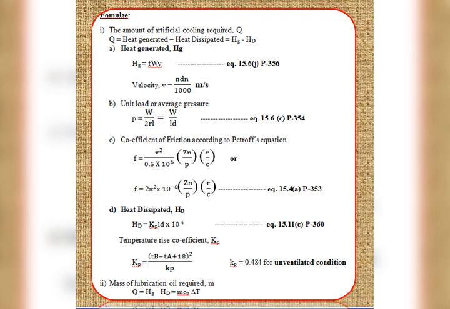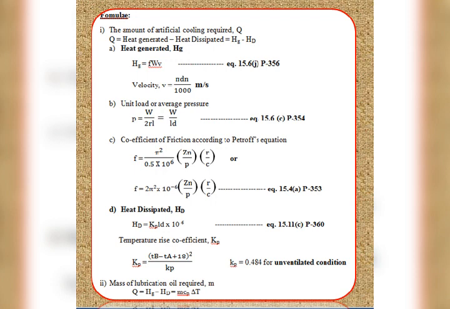Here we must substitute N in terms of RPS. Please be careful, RPS. Heat dissipated H suffix D is equal to k suffix p into L into D into 10 raised to minus 6. That is equation 15.11c, page number 360.